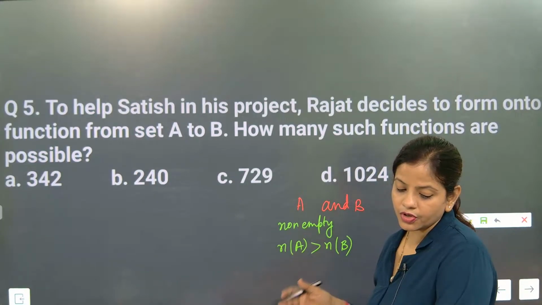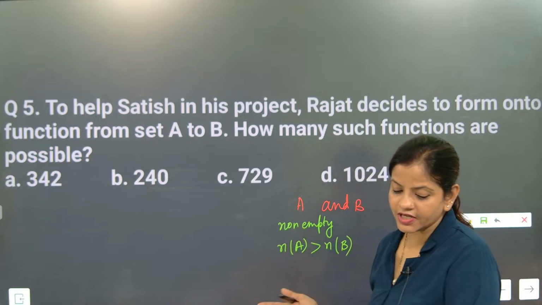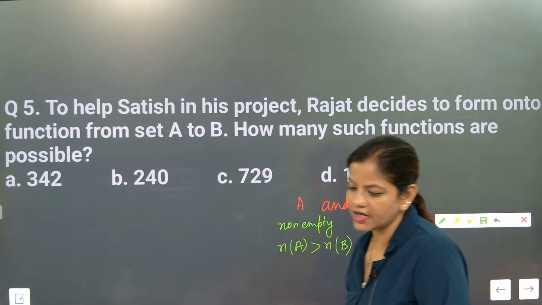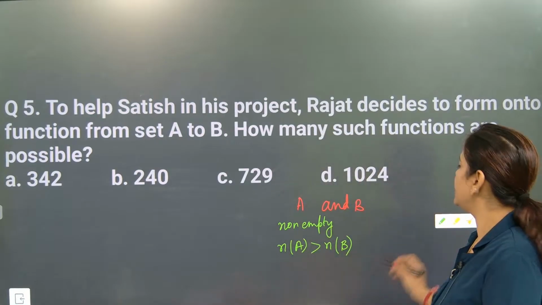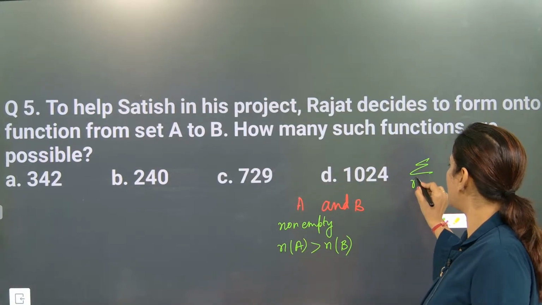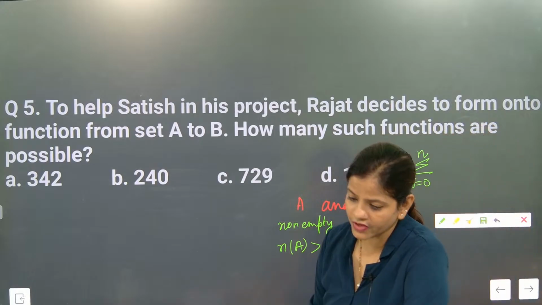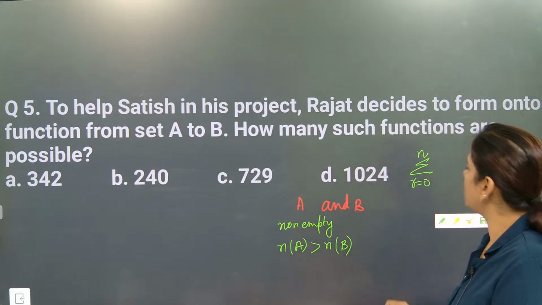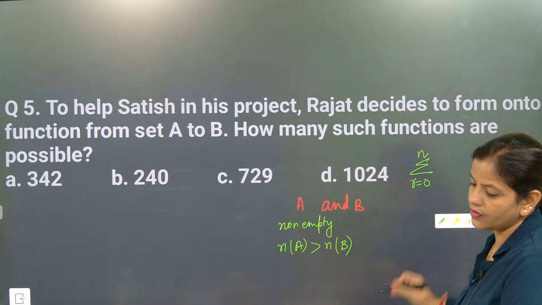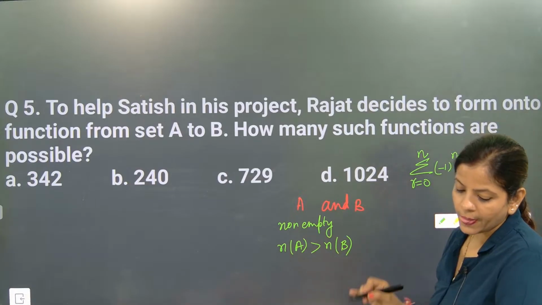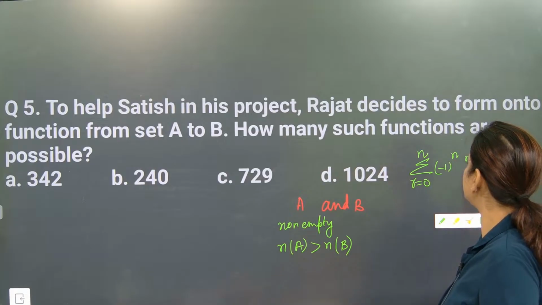Now, how do we write the total number of onto functions? The formula is there. I think I discussed this formula once in class. It is the summation for r equal to 0 to n of minus 1 to the power r, nCr, times (n minus r) to the power m. Remember this one, this formula is very important.